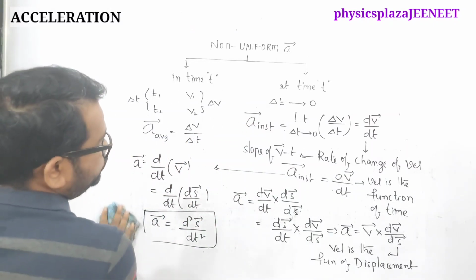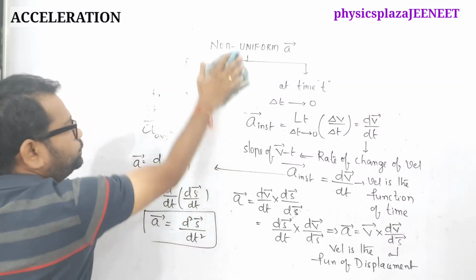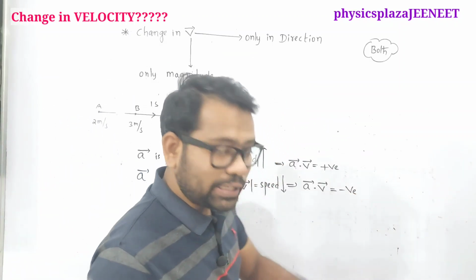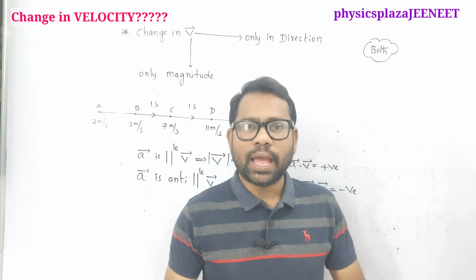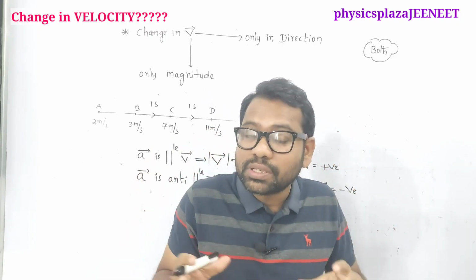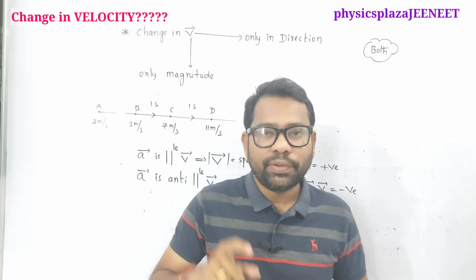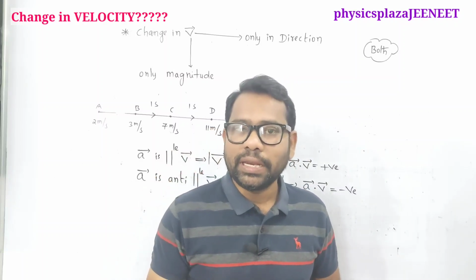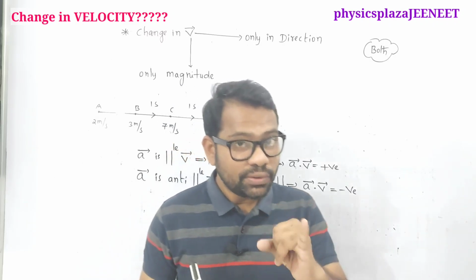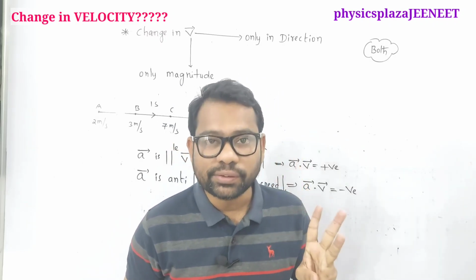Children, since that time we have been studying that acceleration is a change in velocity. But how should we understand change in velocity? Velocity is a vector quantity, it has magnitude as well as direction. So change in velocity can happen in 3 ways.